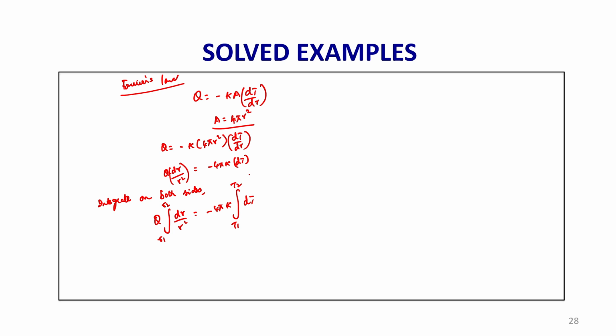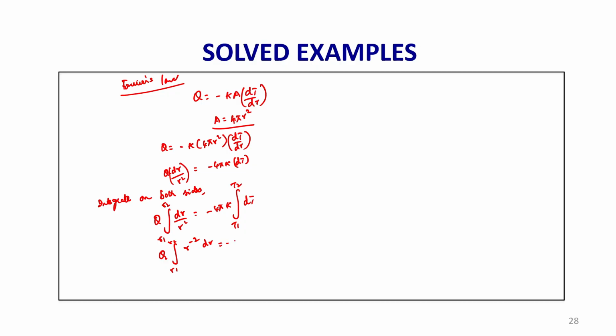So the limits are the same for both the cylindrical and the spherical components. Now dr by r square can be written as q into the integral from r1 to r2 of r power minus 2 into dr. I have taken the denominator term to the numerator, like 1 by x square equals x power minus 2. Minus 4 pi k into the integral from T1 to T2.